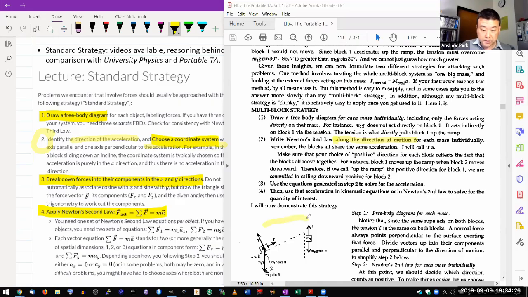As you see him do here with these objects, the mass on the ramp is accelerating this way, possibly, so that's the x-axis. The hanging mass is accelerating down, possibly, so that's chosen as the x-axis. In order to write down Newton's second law along those directions, when forces are either along that direction or perpendicular to it, you have no additional work to do.